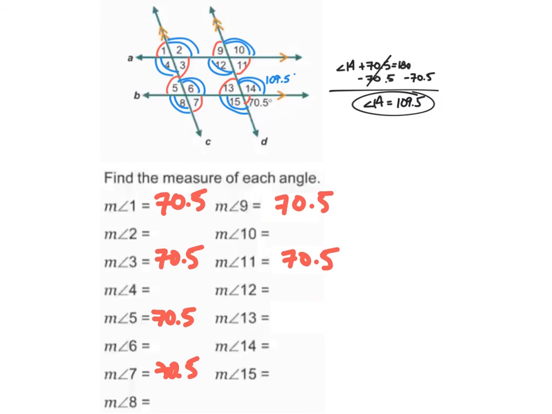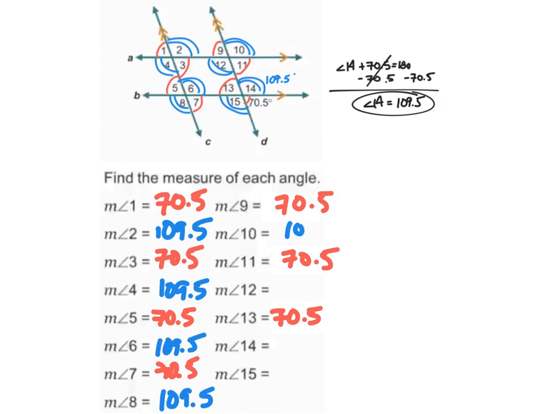Angle 13, 70.5. All the other ones are going to be 109.5. Angle 2 is 109.5, angle 4, angle 6, angle 8, angle 10, angle 12, angle 14, and angle 15 are all 109.5.